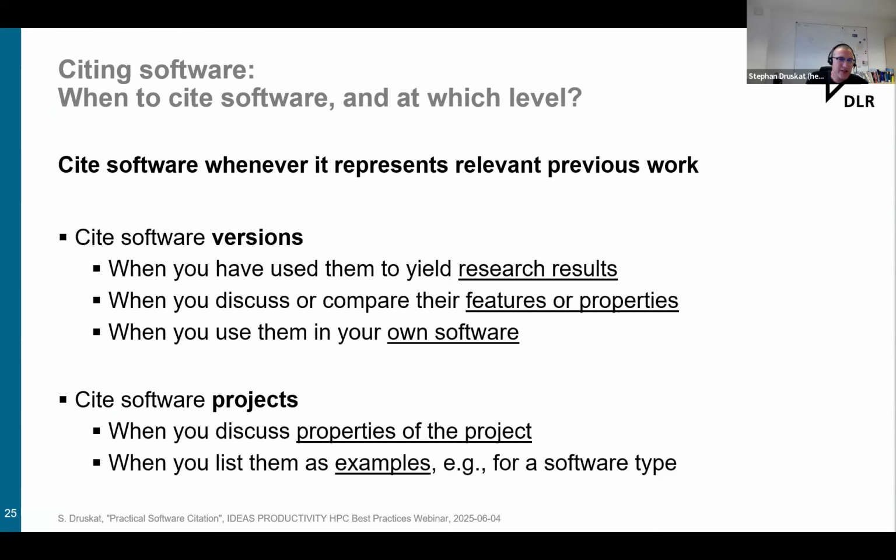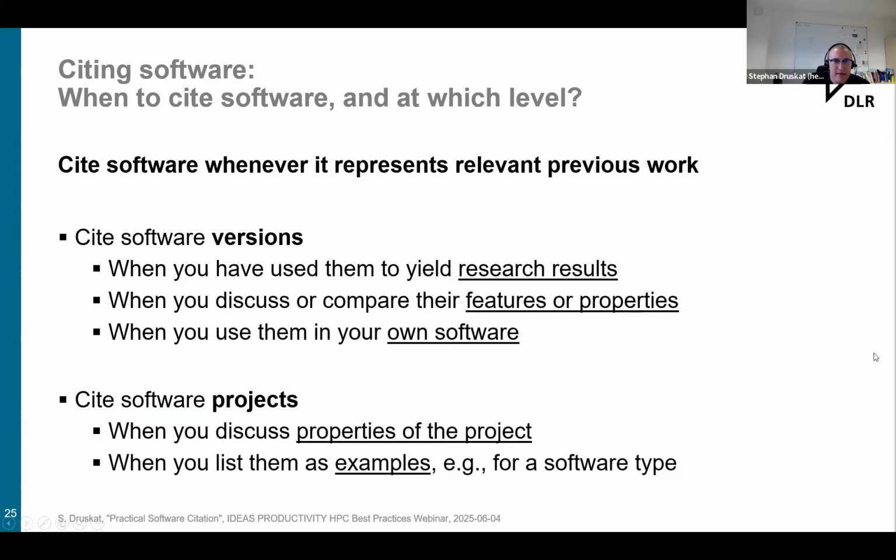So make sure that you cite the software that you use in your own software. Citing the properties or features of software when you compare stuff is relevant because these may change over versions, so cite the version in this case.